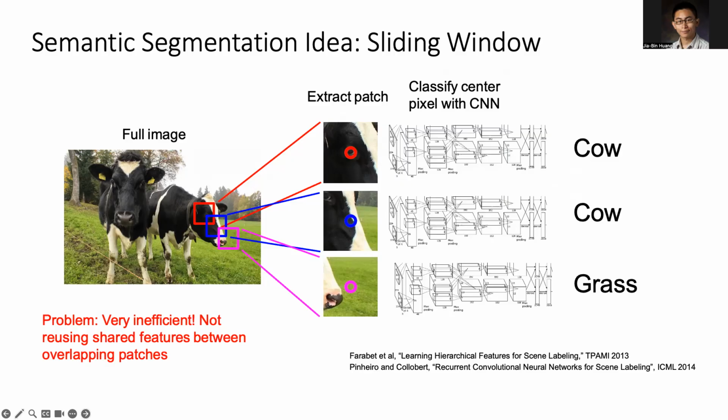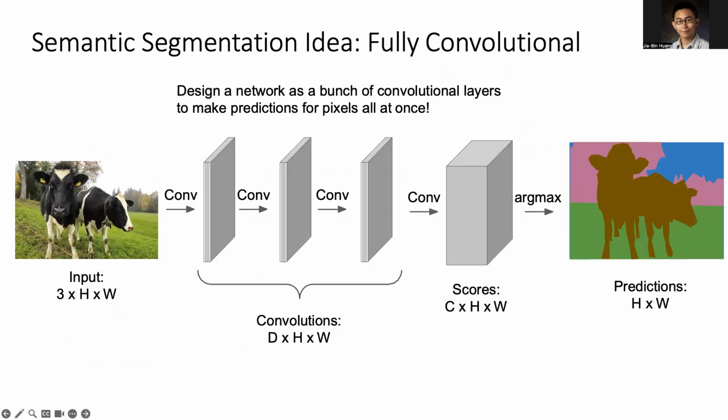So what should we do in this case? Maybe what you can do is build a convolutional network. Instead of trying to make predictions early on, you can just take the image and build a convolutional network.